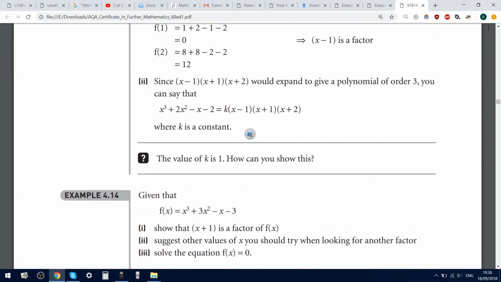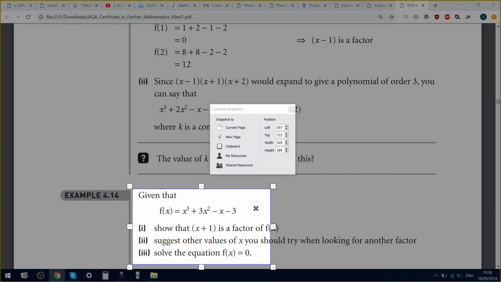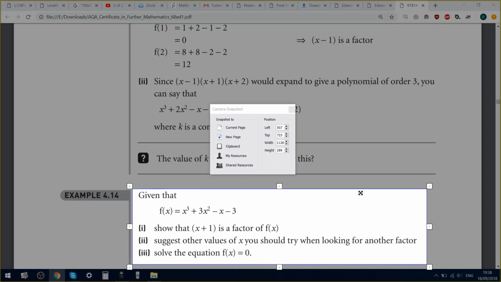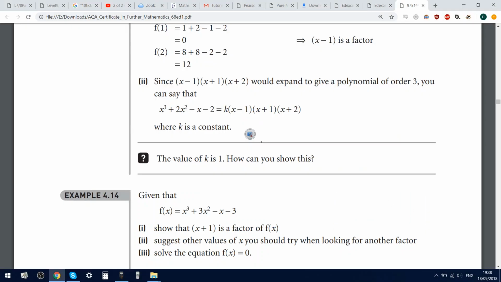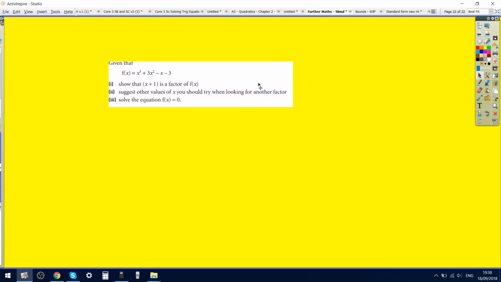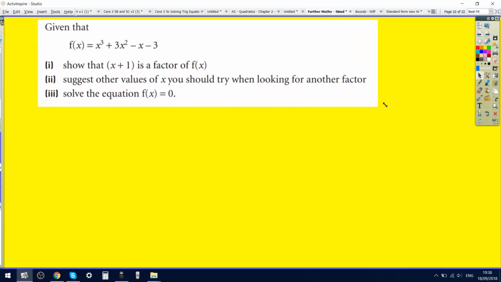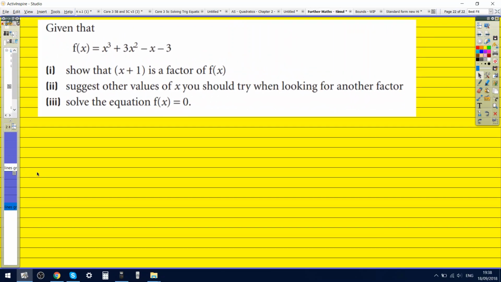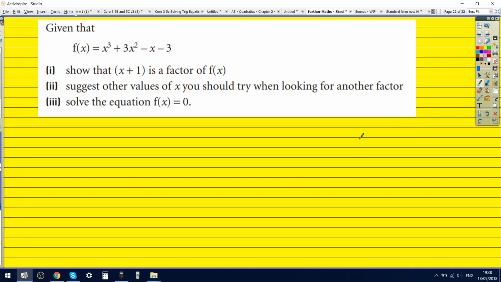Okay, how could you do this example down the bottom? F of x is... x plus 1 is a factor of x. Basically, they want to find x to be equal to -1 here.